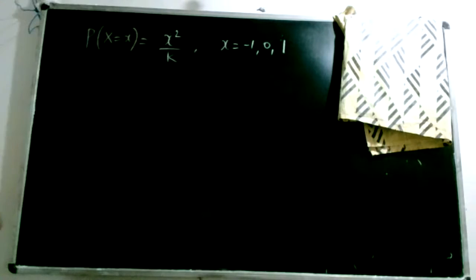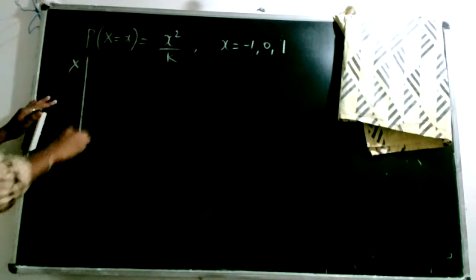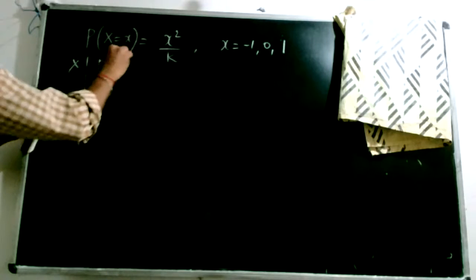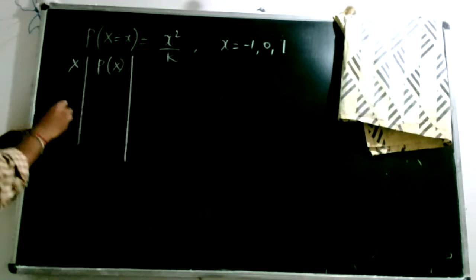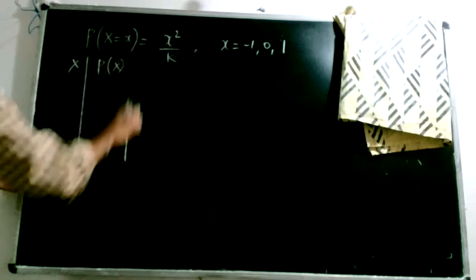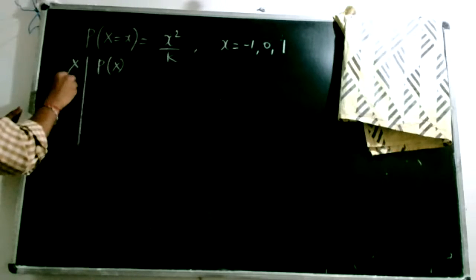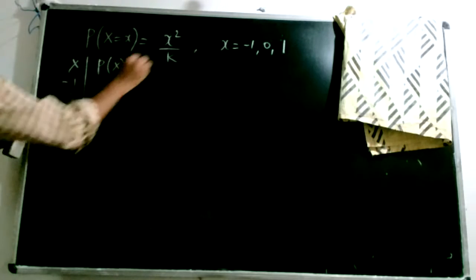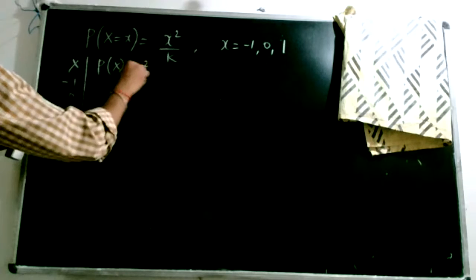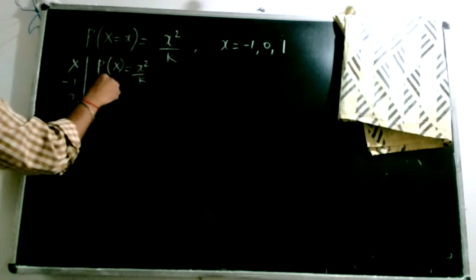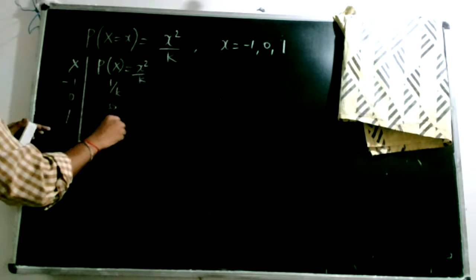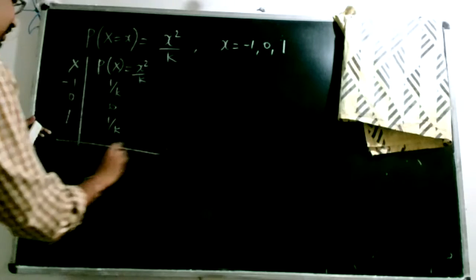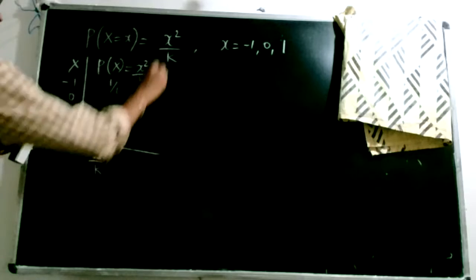So you have the x values -1, 0, 1. When you put the x value in the function x squared by k, you get 1 by k, 0, 1 by k. So the total comes to 2 by k.